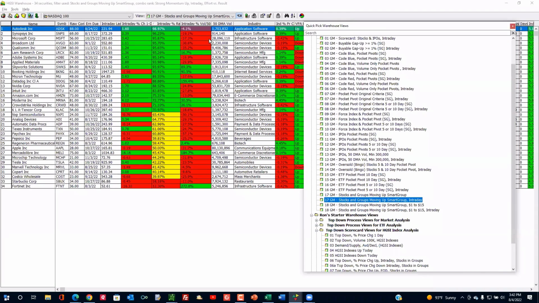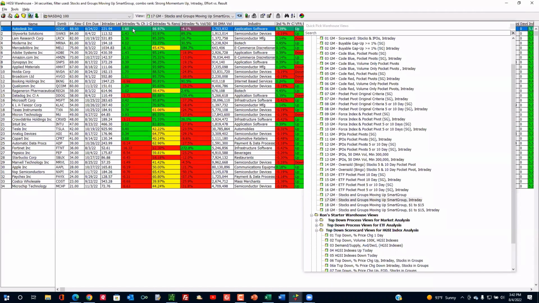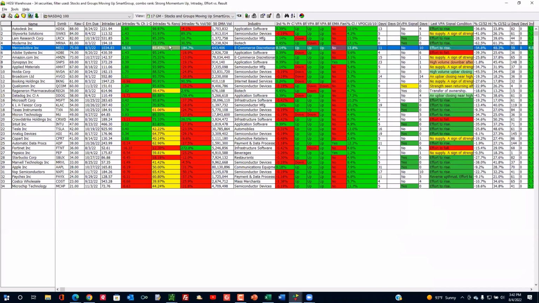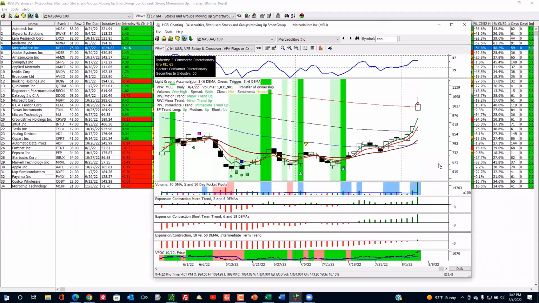Well, I just click on number 17 and sort on the raw combo. And these are the stocks that followed through today from last night's build of the user smart groups. Let's look at this one. Look at this. Wow, earnings day.